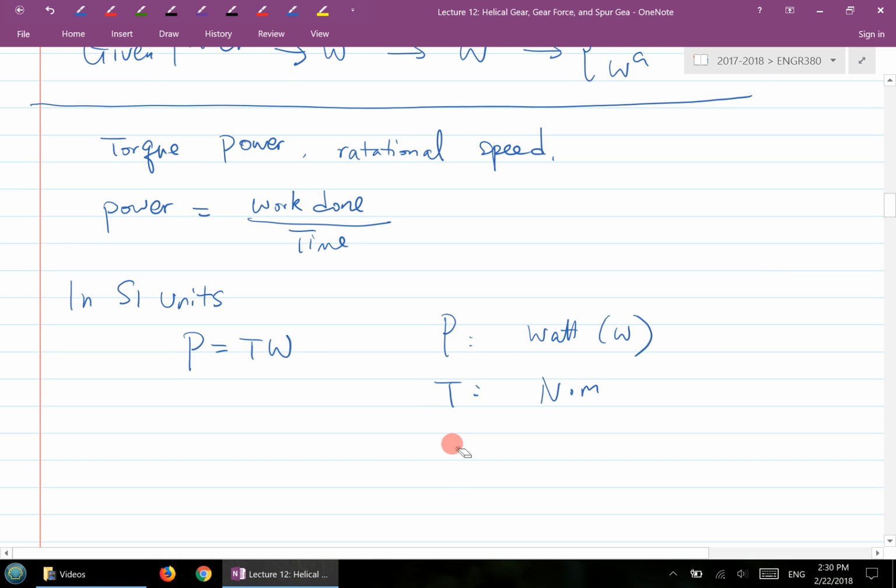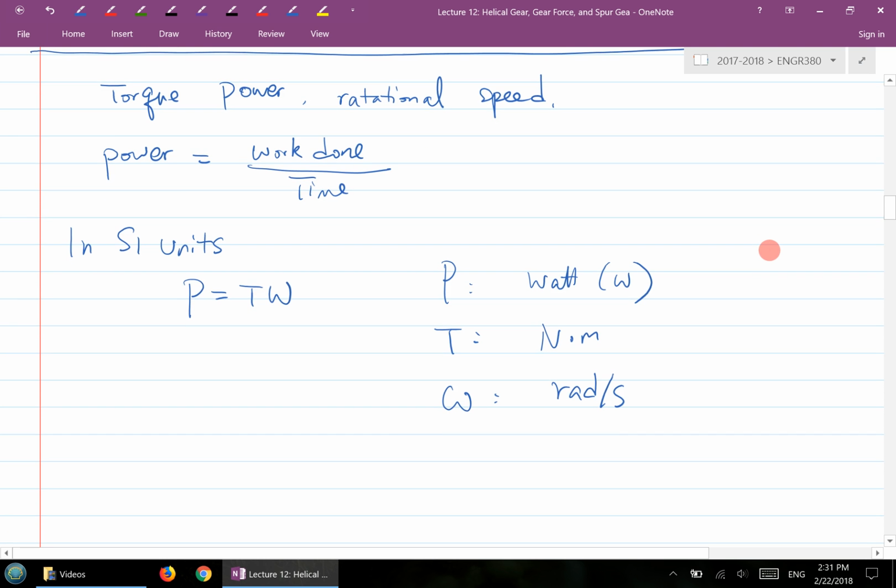Omega here is the angular velocity, and the standard unit is radians per second. So if you use all the standard units, you end up with power in watts. So P equals T times ω.